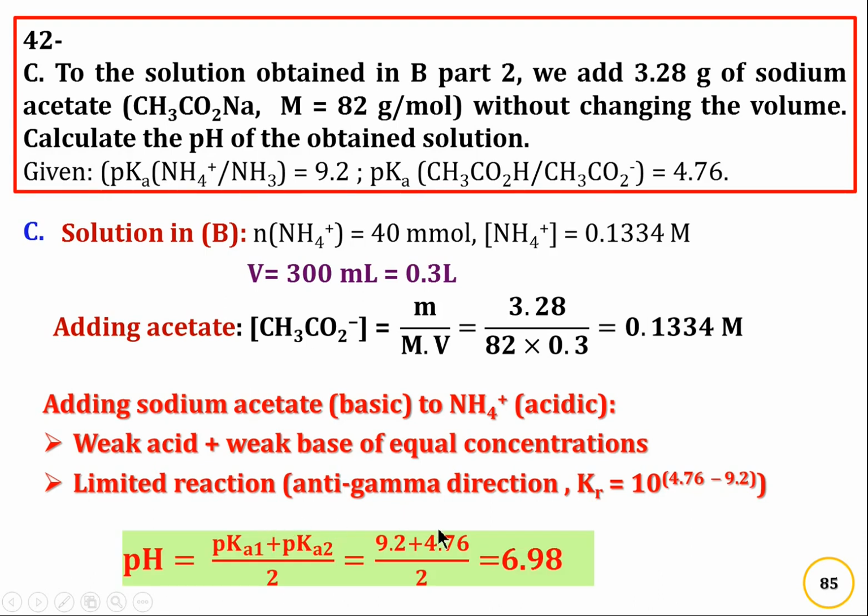Therefore, we can apply directly the formula of the pH of weak acid and weak base. pH equals half of pKa of couple 1 plus pKa of couple 2, equals (9.2 plus 4.76) divided by 2, equals 6.98.